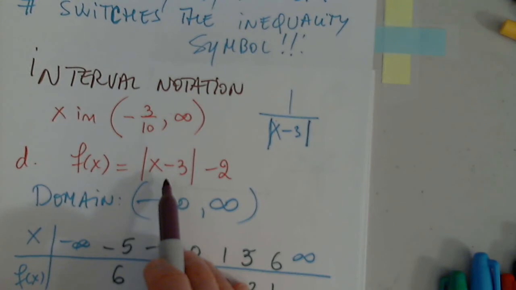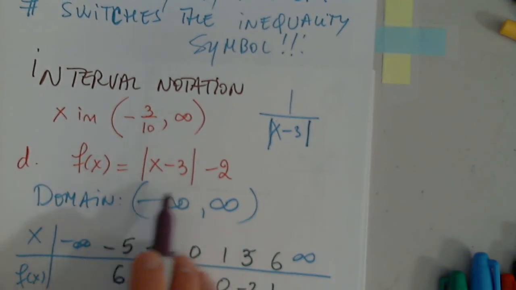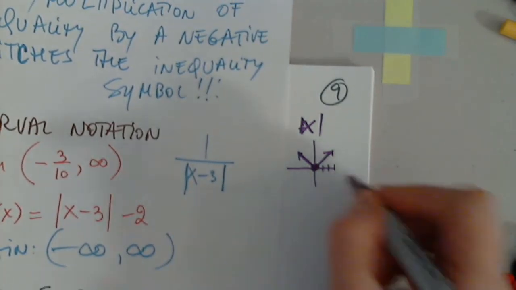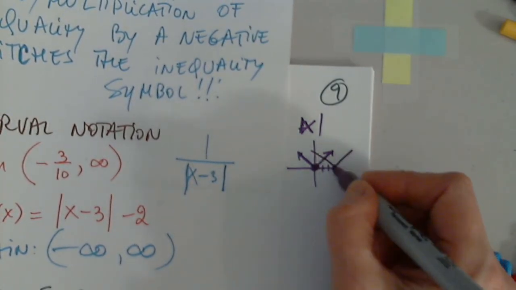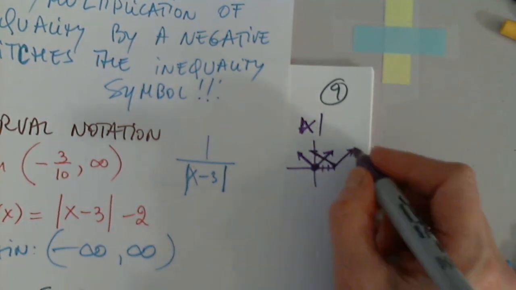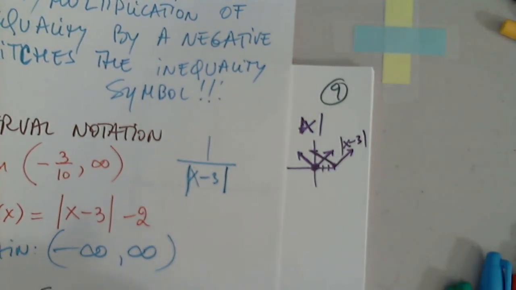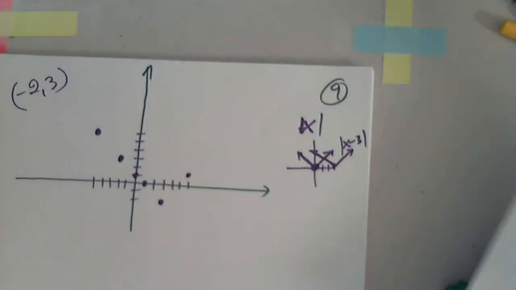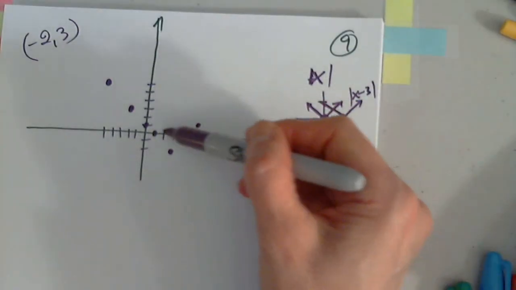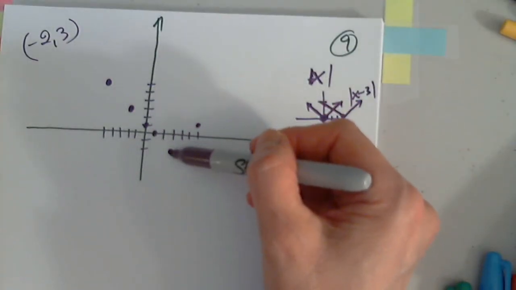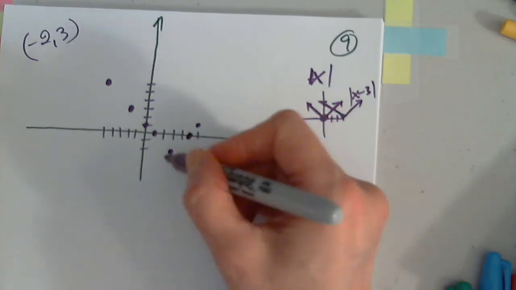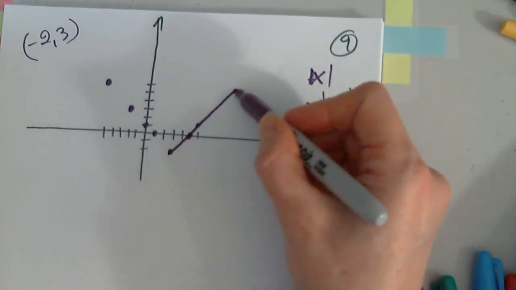This is a transformation that moves this graph 3 to the right. So this is the graph of x minus 3 in absolute value. And now this graph is pulled down 2. So now I know that at x equals 3 it is pulled down 2. So this is indeed the correct point, which is the corner. So obviously we'll cross here. Now I'm ready to graph. It's a V function.